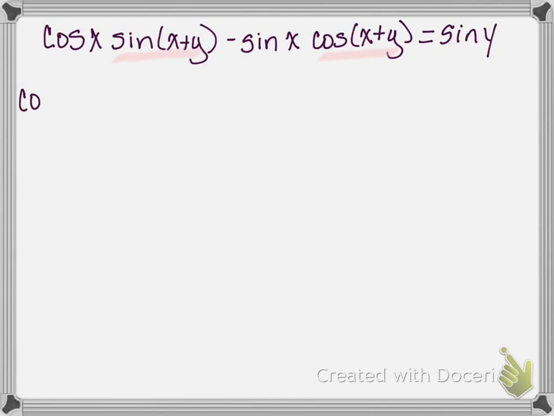So my cosine of x stays, and what I am substituting in for sine of x plus y is sine of x times cosine of y plus cosine of x times sine of y.